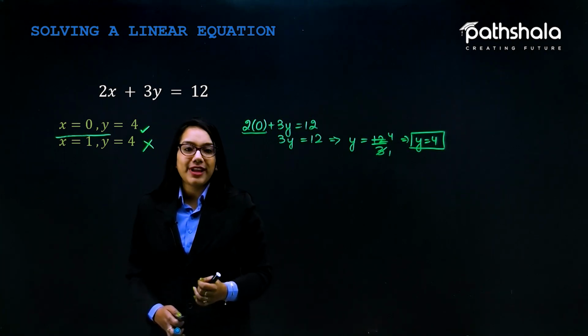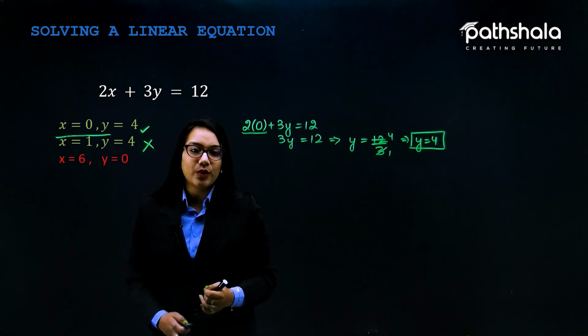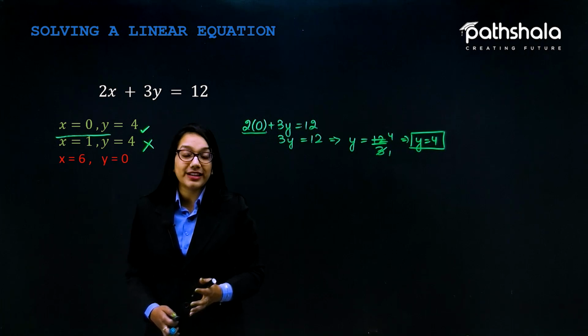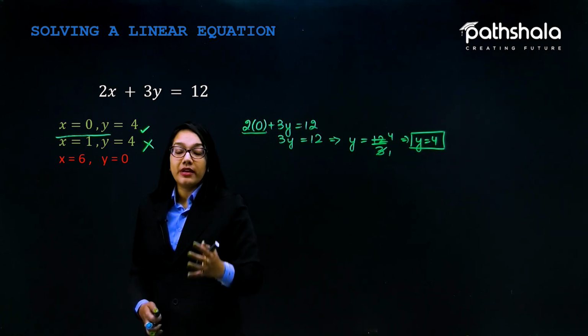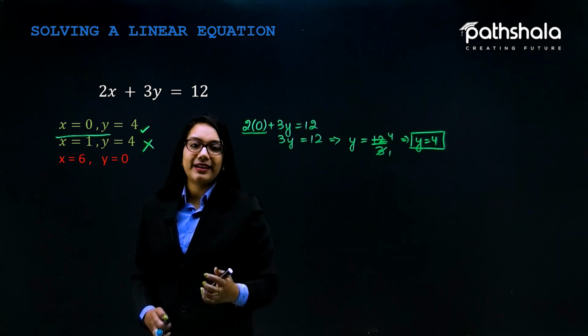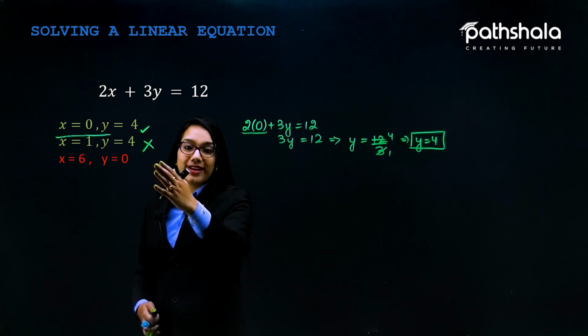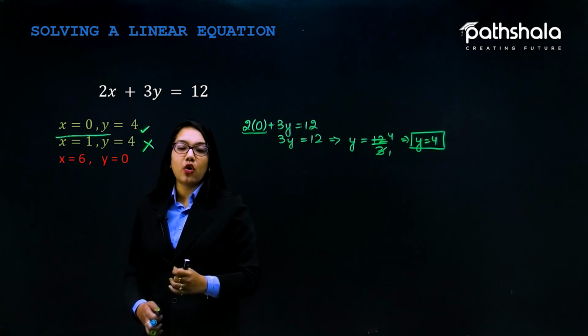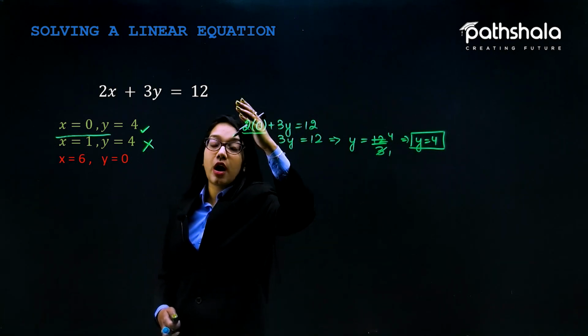Let us take another point as x is equal to 6, y is equal to 0. If we take x is equal to 6 and y is equal to 0, then again this is the solution of this particular equation. How come?